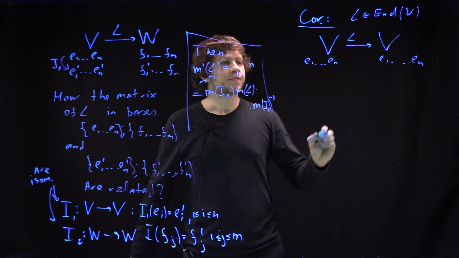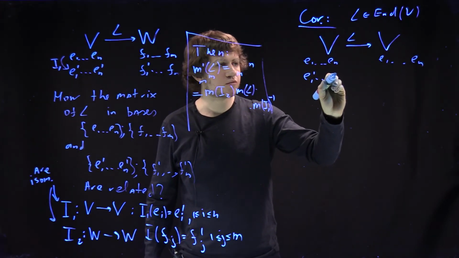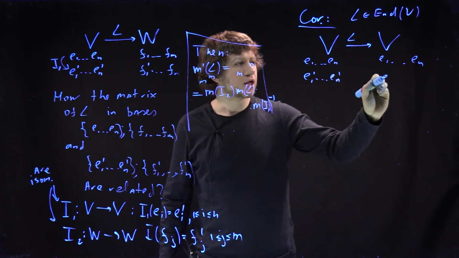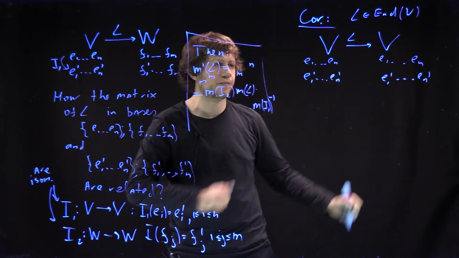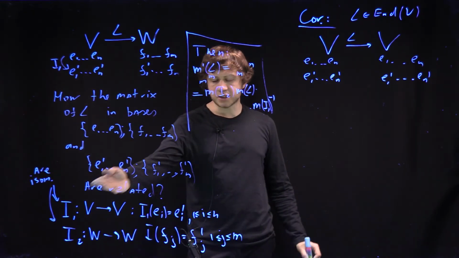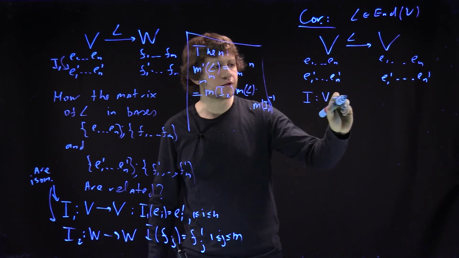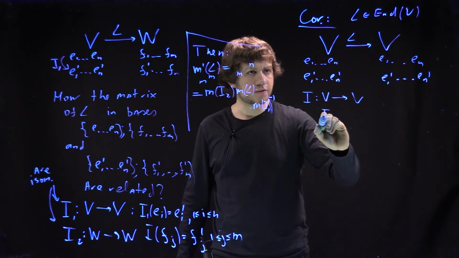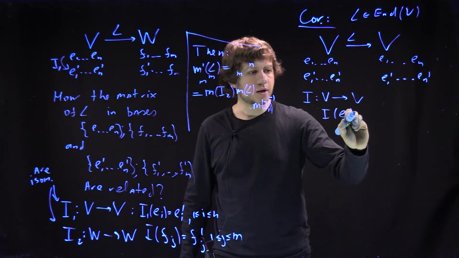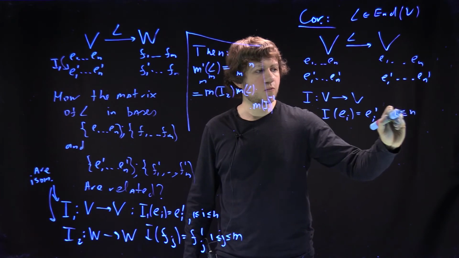So then you can imagine that you have similar kind of question, but now you have E1 prime up to En prime. So you change the basis, but to the same basis again. And then, absolutely similarly, you have this I, which is an isomorphism from V to V, which sends E_i equals E_i prime for i from 1 to n.